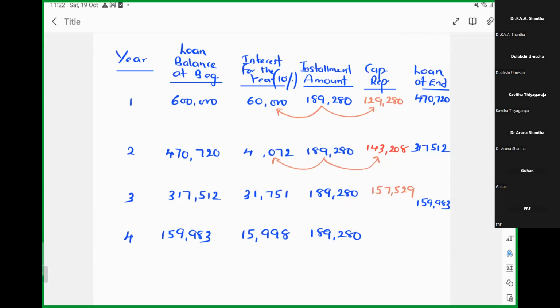Then capital repayment in the second year is $142,208.